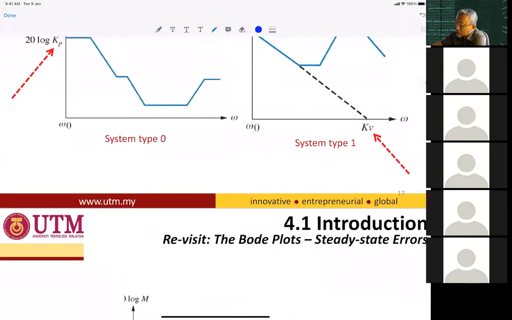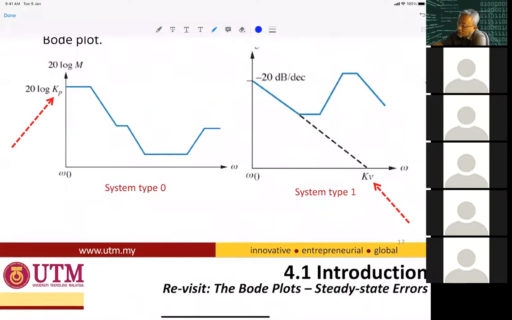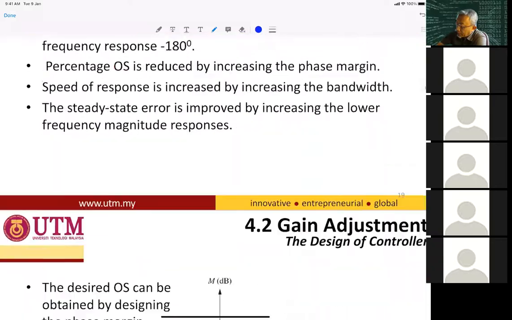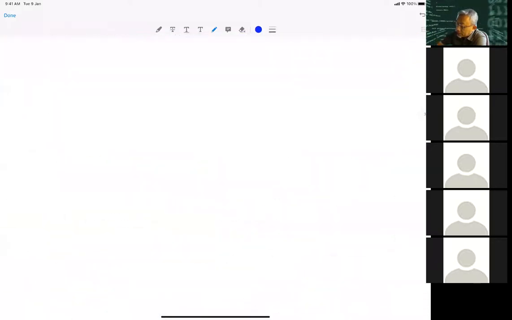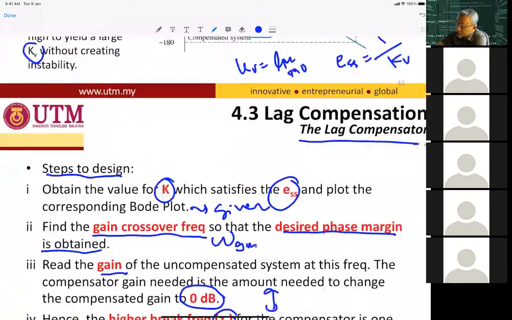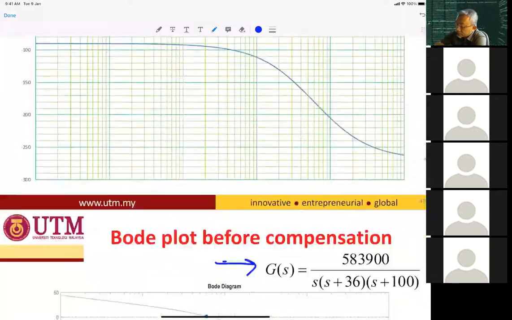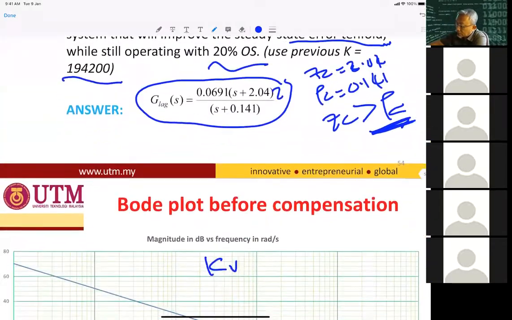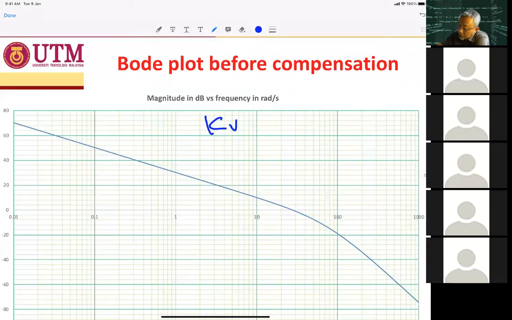You take the ruler, this is the minus 20 dB per decade line, and where it cuts 0 decibels, that is your Kv.